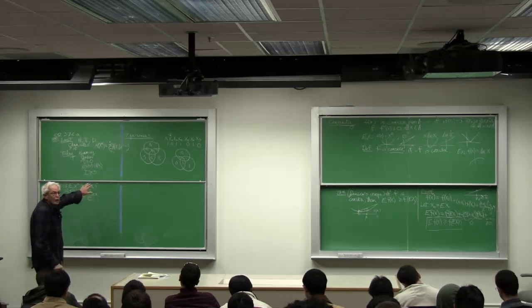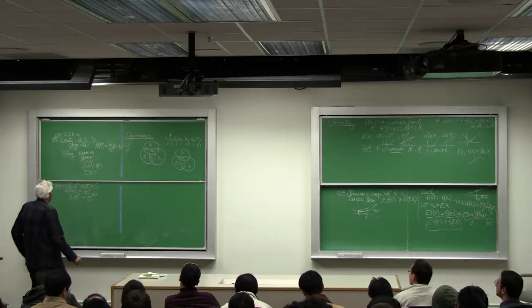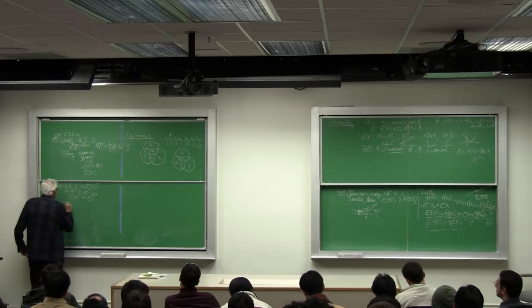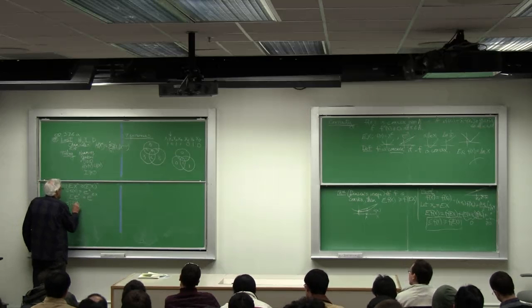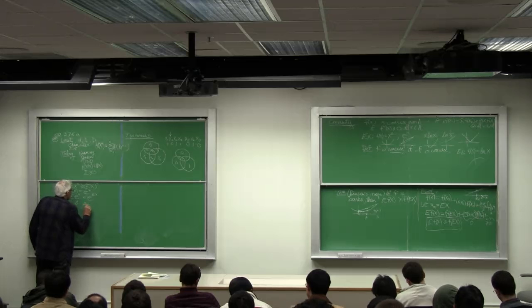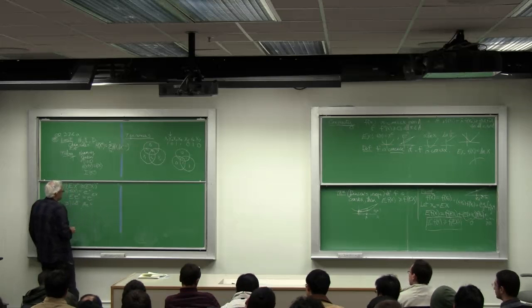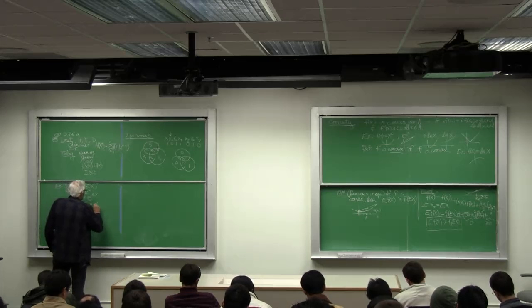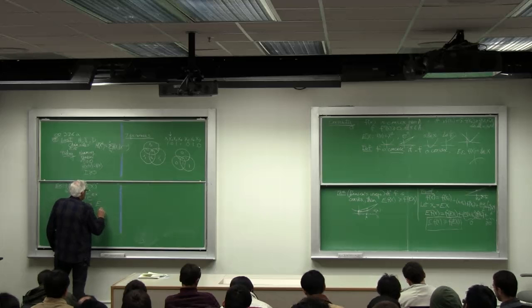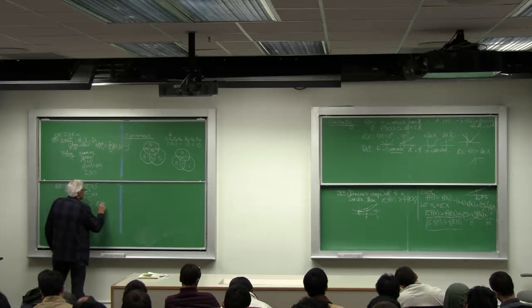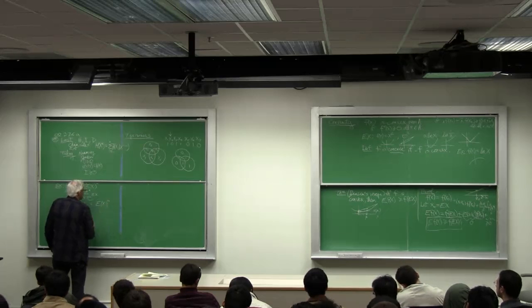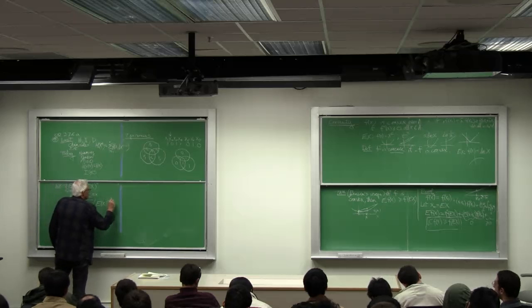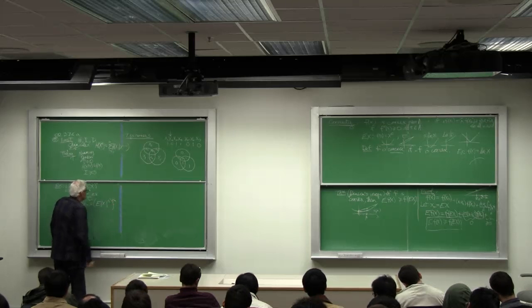In fact, using only this, we can prove this result, 3. Let mu sub r equal the expected value of x to the rth moment, to the 1 over r.